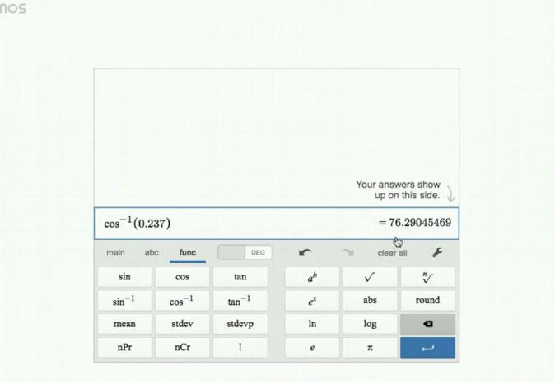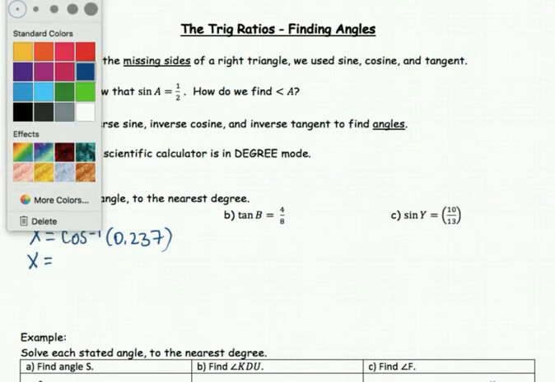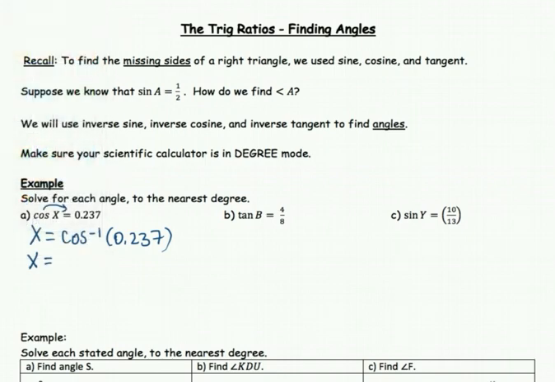You'll get an angle of 76.29. You want to round to the nearest degree, so you'll get 76 degrees, and there's your answer.